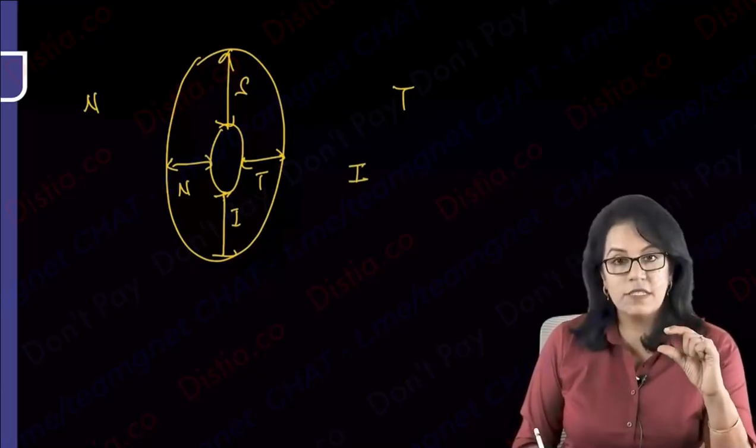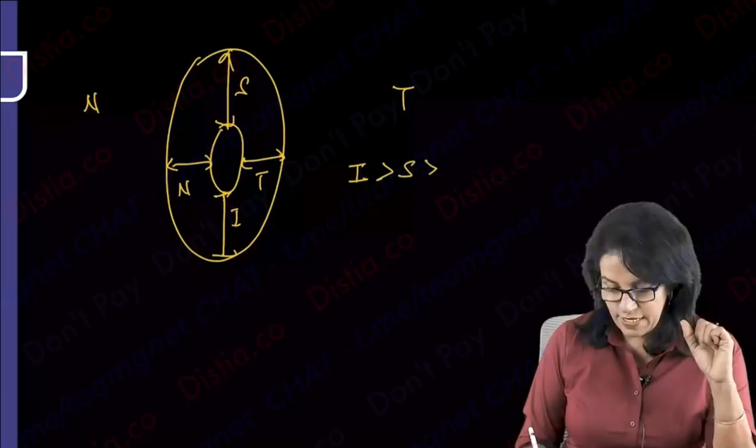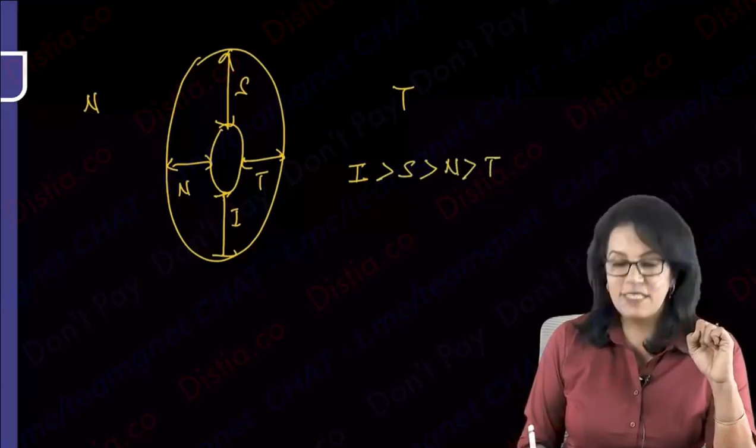That the width of this rim is most in the inferior side, then superior, then nasal, then temporal.